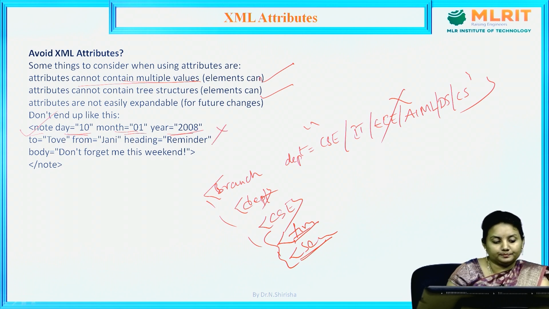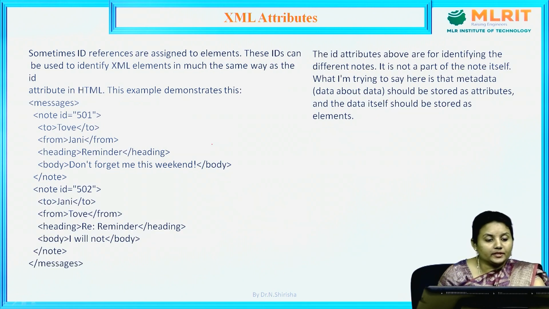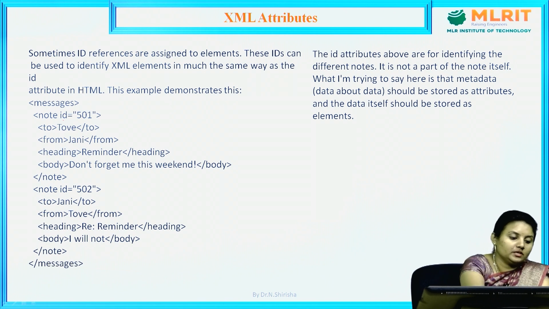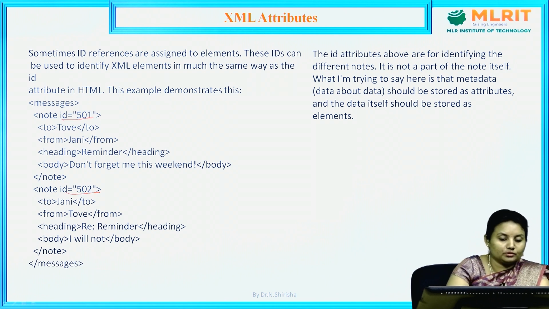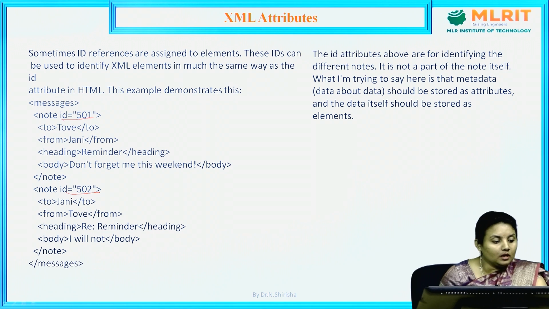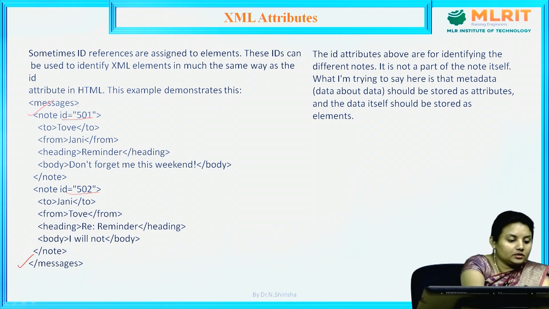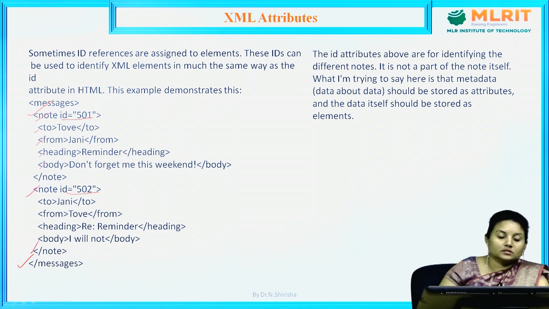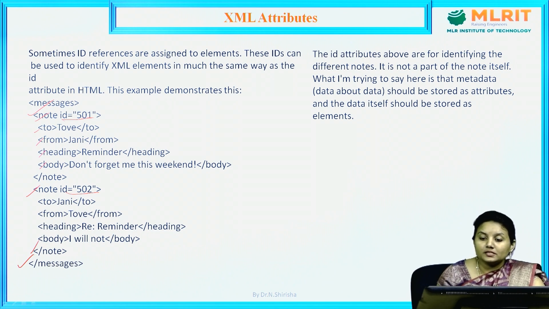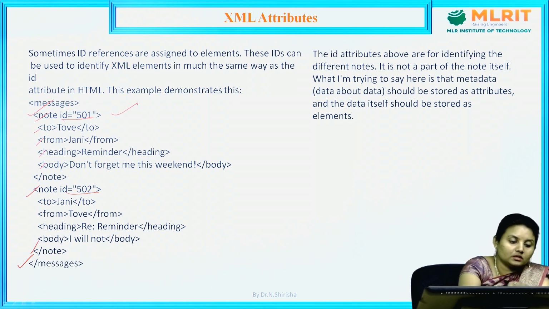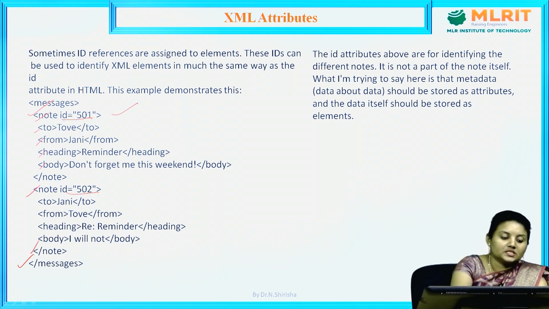Okay. Here some ID references are assigned to elements. ID references are nothing but here I have given ID 501, ID 502. These are the references. Messages is the root tag, note is a child tag, and to, from, heading, body are sub-child tags. The ID attributes are for identifying the different notes. Suppose I have a note with ID 501, this is my first note. This is note 502.